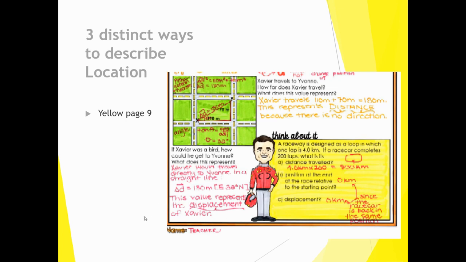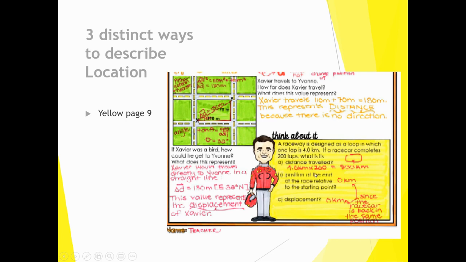We're not going to worry about doing that, but it's important to recognize that this is a displacement problem. I'm not concerned about the actual value and the angle and all of that. We're not going to do a whole lot of that. But I want you to recognize that in this case, the displacement is very different than the distance.